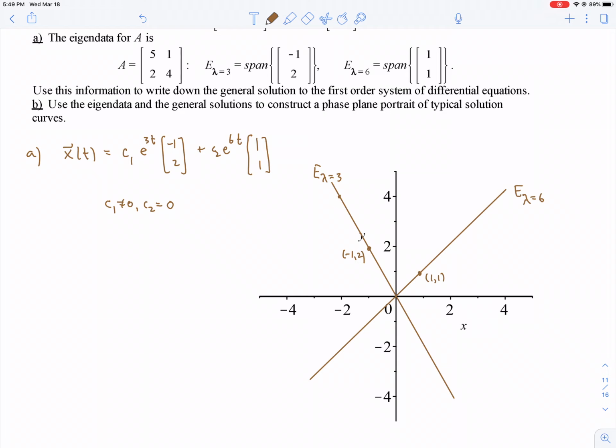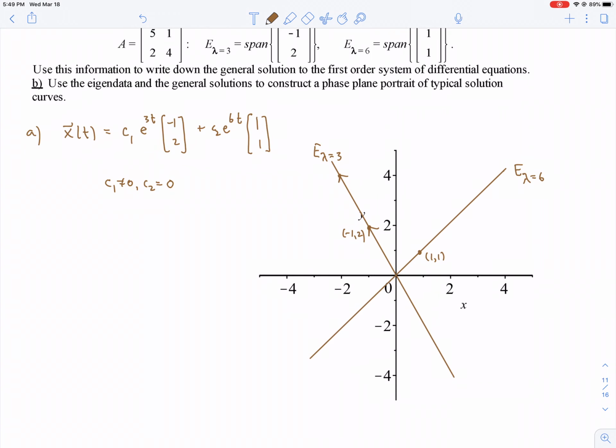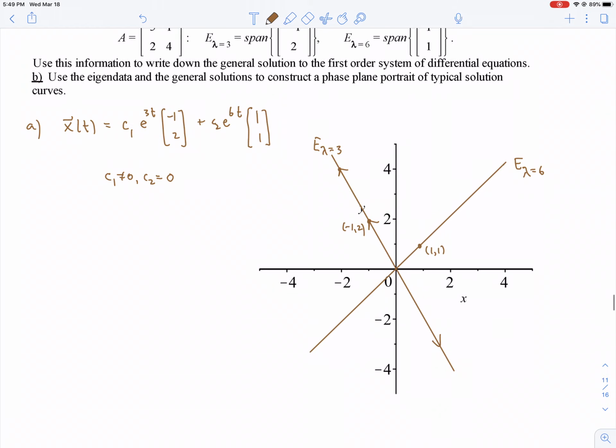If those multiples are positive, then I'm on that half of the eigenspace, and my solutions are heading off to infinity. And if my multiples C1 are negative, then I'm on the other half, and my solutions are heading off to infinity. I'll erase that arrow.